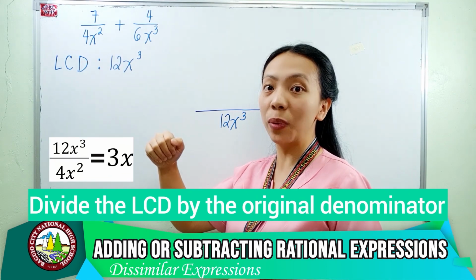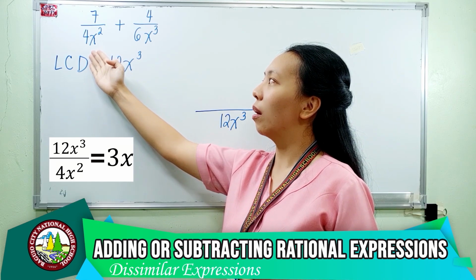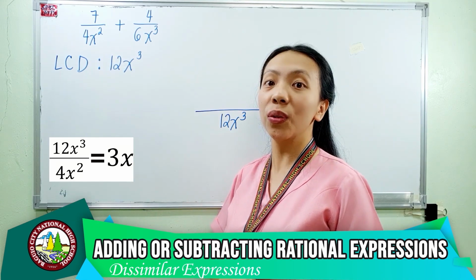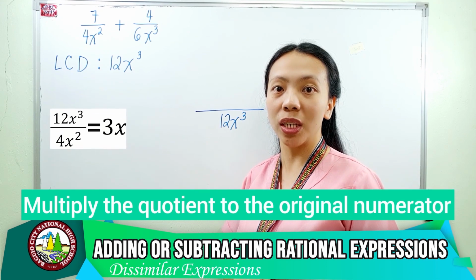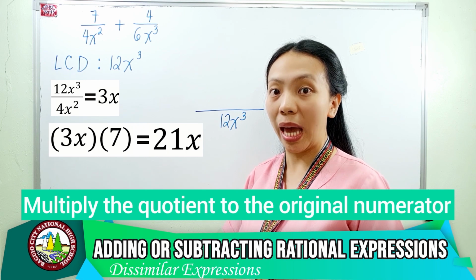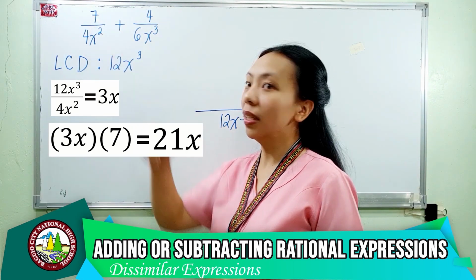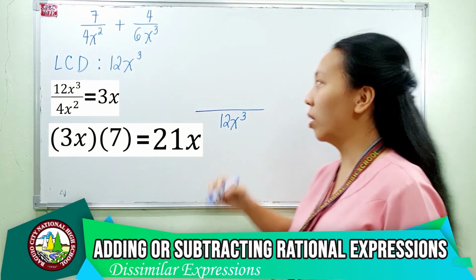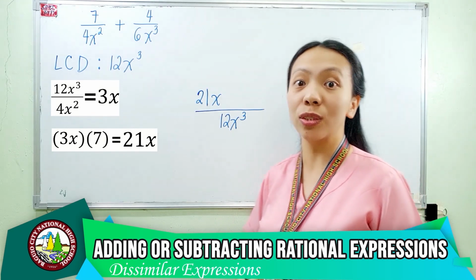In this case, we have 12x cubed divided by 4x squared. That is equal to 3x. Multiply the resulting quotient to the original numerator. In this case, we have 3x times 7 is equal to 21x. 21x is the equivalent numerator.